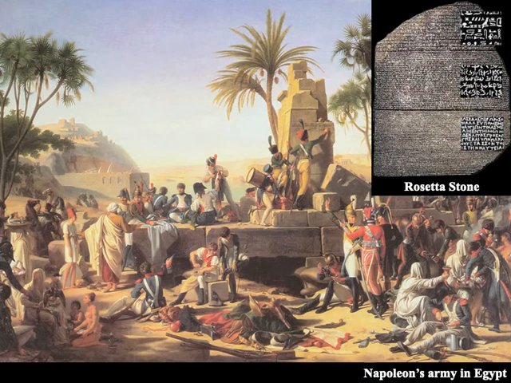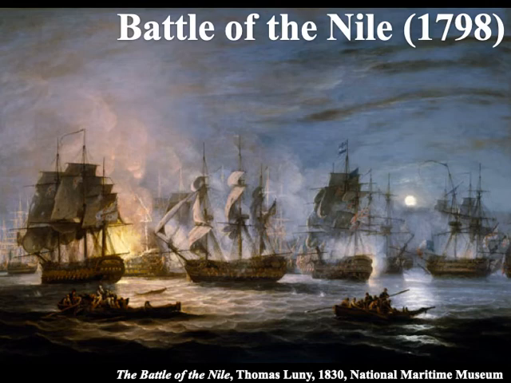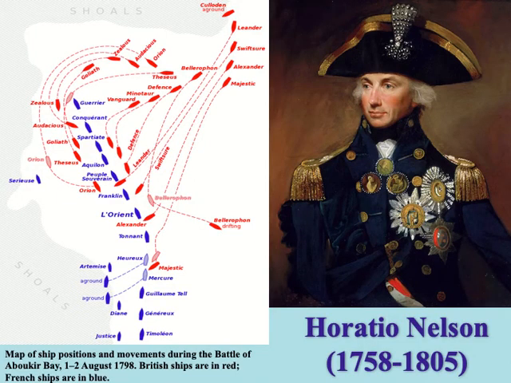While Napoleon is in Egypt and his fleet is anchored off the coast of Alexandria, the British take advantage of moving into the bay and destroying Napoleon's fleet at Abu Qir Bay. As a result, Napoleon has no French fleet.